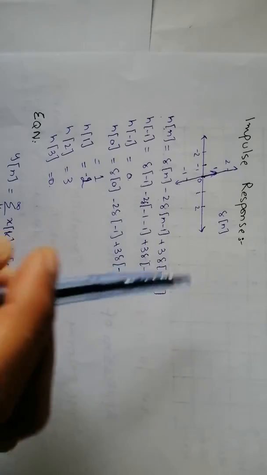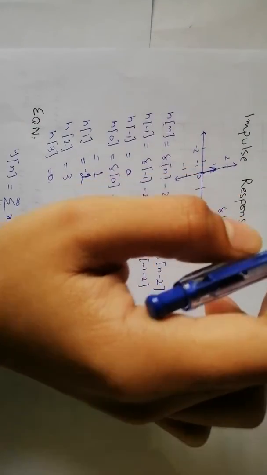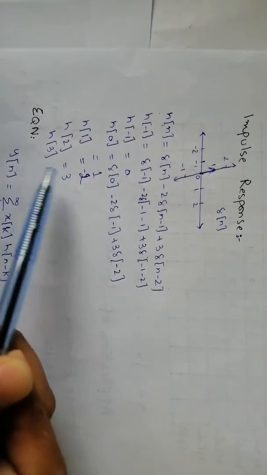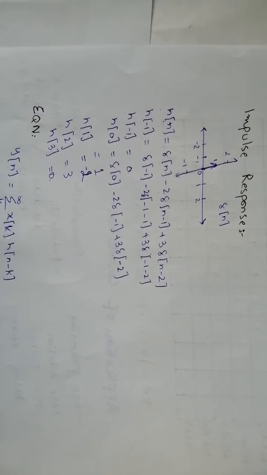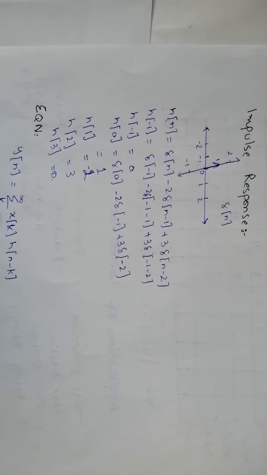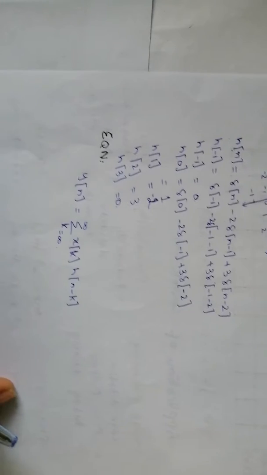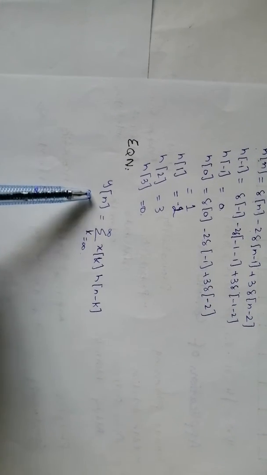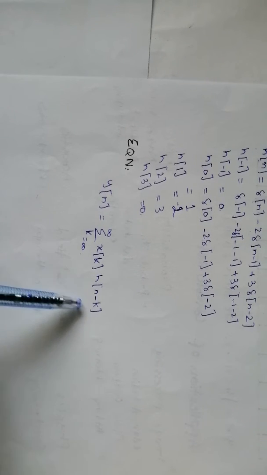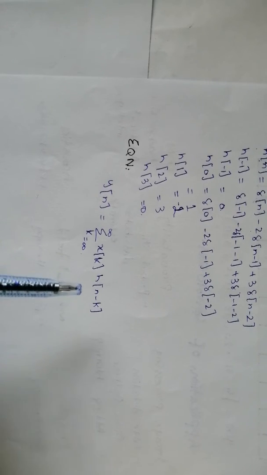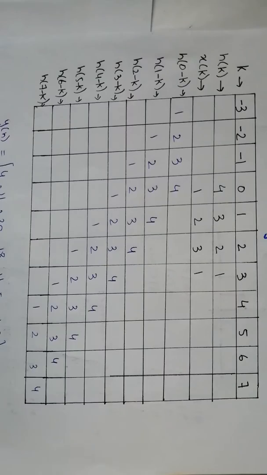So for this system we got these values of an impulse response, and we can accommodate them with x of n using these values as follows. y of n is equal to the summation of x of k into h of n minus k, and this, we know, is convolution, and we can do convolution using the tabular method, which I will explain now.